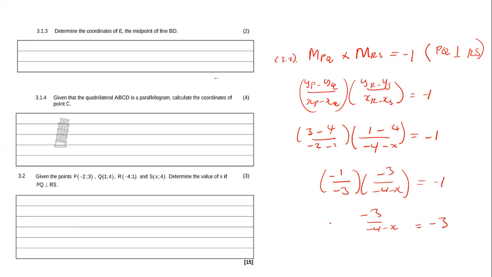We multiply both sides by 1 over 3, and we have 1 over negative 4 minus X equals positive 1. Now we cross multiply, so negative 4 minus X equals 1. We transpose, and then our X will be negative 5, if my math is correct.